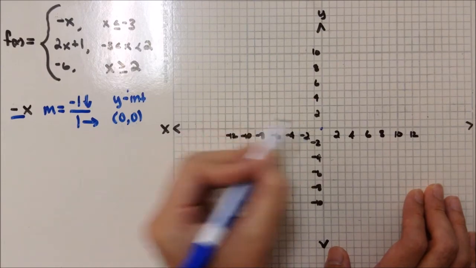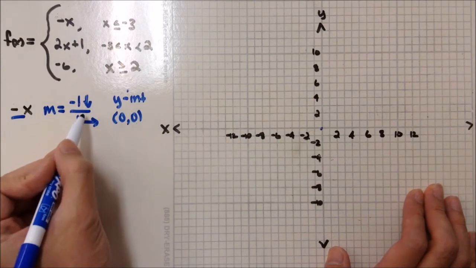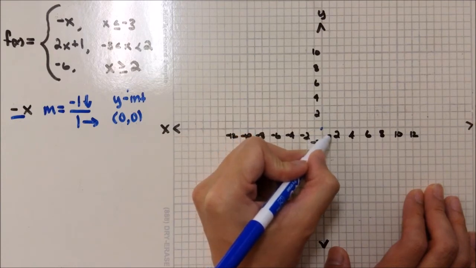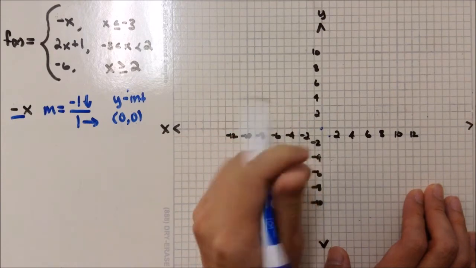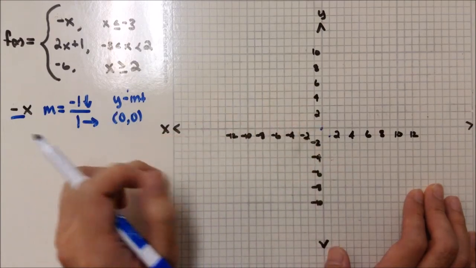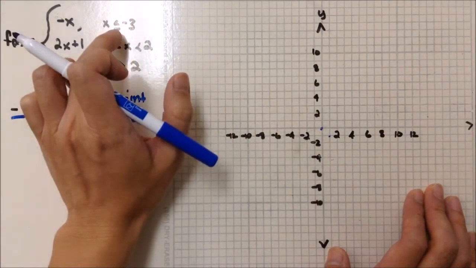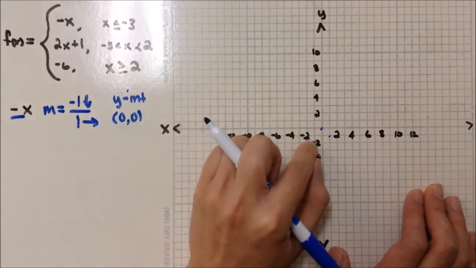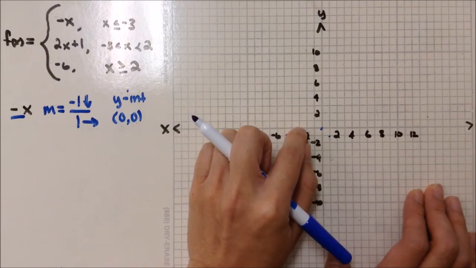Now, this is down and right. So it's going down and right. I'm going to mark it so that I can see what the graph looks like. Now, you will see the graph shown starting from negative 3. So, here's negative 1, negative 2, negative 3, right here.